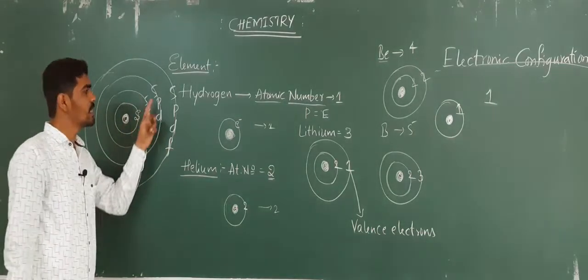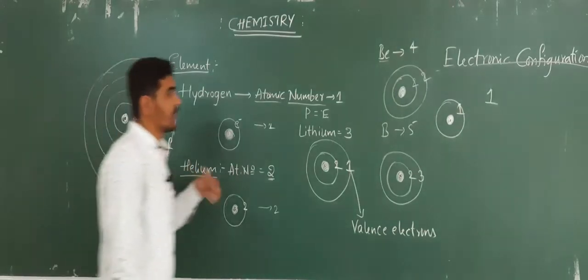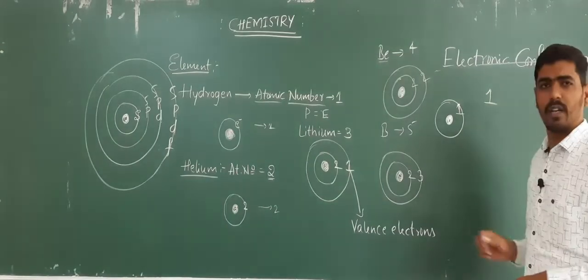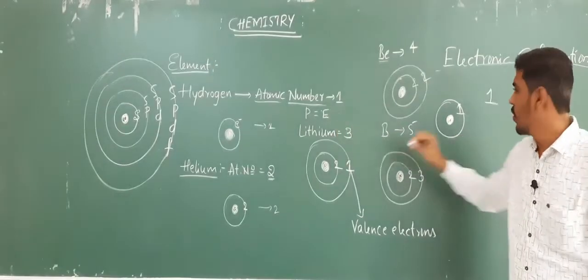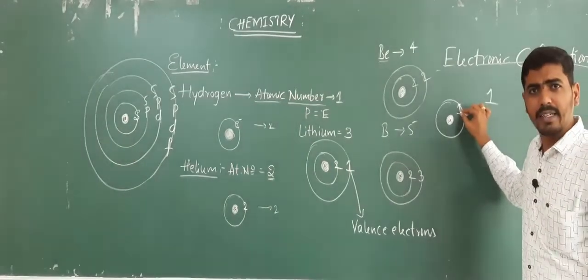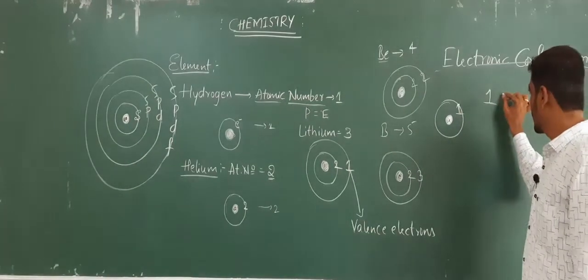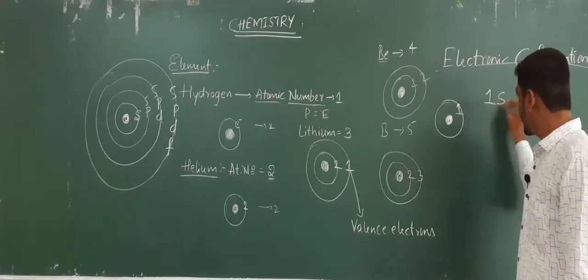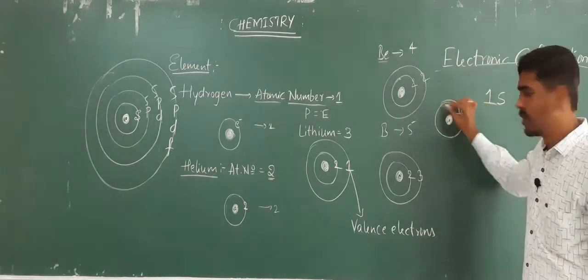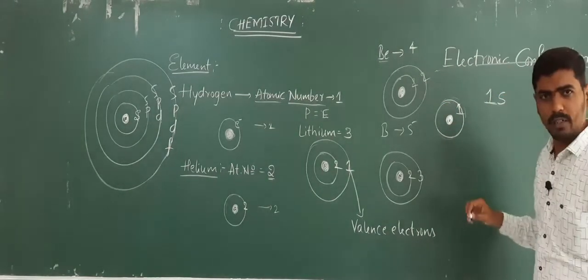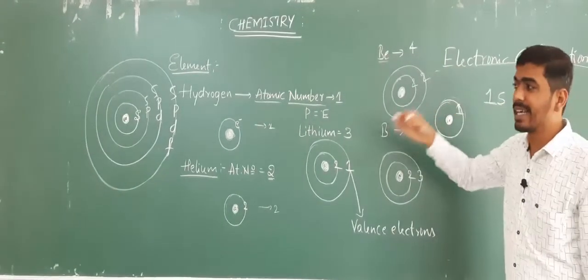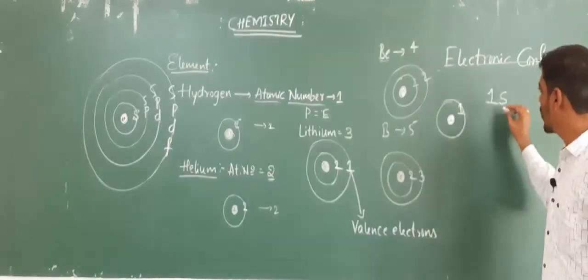So remember these subshells. Now in case of hydrogen, since the electron is present in first shell, which subshell is there? Only S subshell is there. So this electron should be present in S subshell, and that electron is present in the first shell, the first orbit. Hence we will represent it as 1, and S is the subshell. Whether it is S, P, D or F, that you have to write.